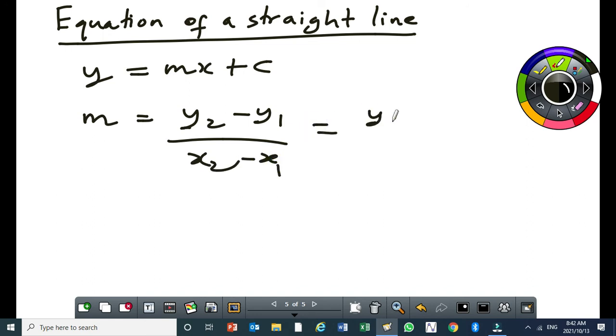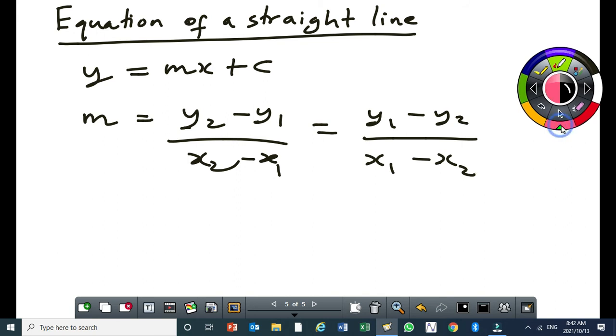It's also equal to y1 minus y2 over x1 minus x2. Right? C is the y-intercept. So you should know that. I'm not going to talk much about this because we've been doing it recently. In analytical geometry, you have to apply your knowledge of the equation of a straight line.